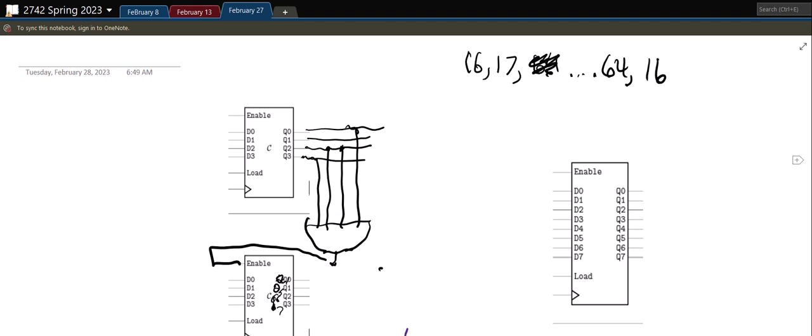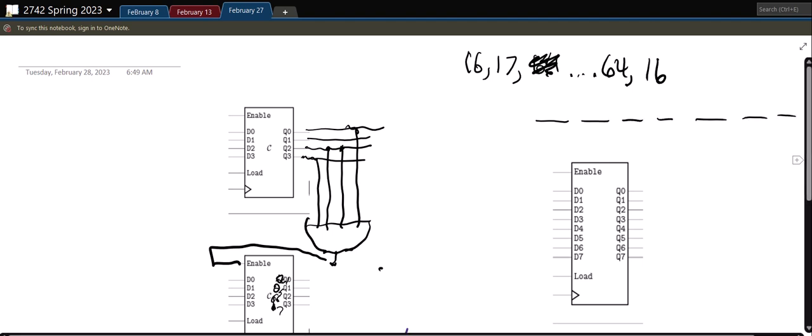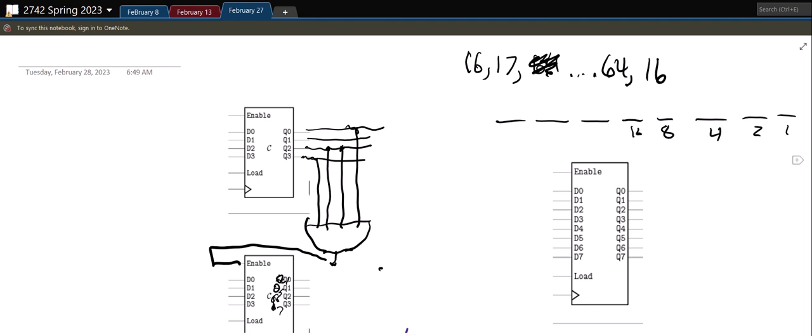Okay, so let's figure out what 16 and 64 look like. So 1, 2, 4, 8, 16, 32, 64, 128, Q7, Q6, Q5, Q4, Q3, Q2, Q1, Q0.